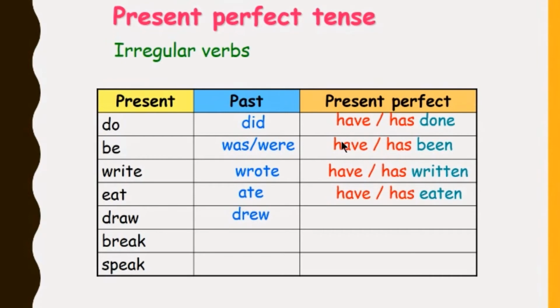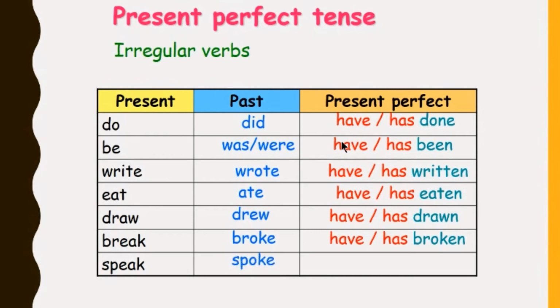You have draw, drew, and you have or has drawn. Break, broke in the past, present perfect, have or has broken. Speak, in the past, spoke. In the present perfect, have or has spoken.